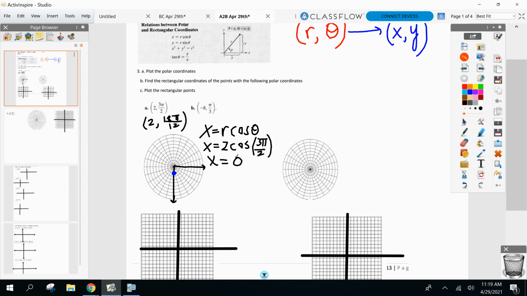X coordinate is 0. Now we're going to do the same thing to find the y coordinate, but instead of cosine, you use sine. You guys can see that upstairs here. Those are the 2 formulas I'm using to find x and y. So y equals 2 sine 3 pi over 2.